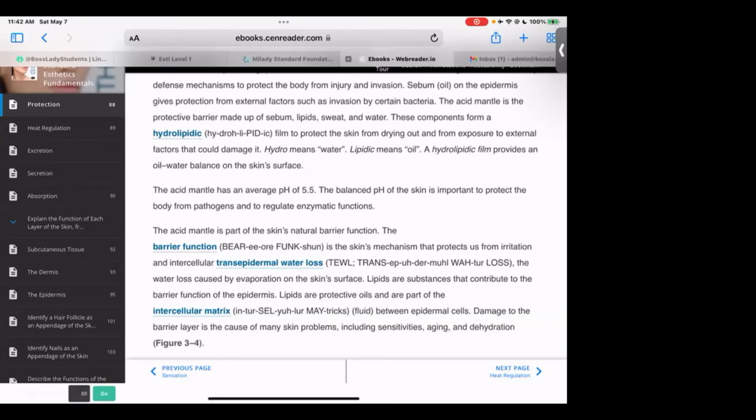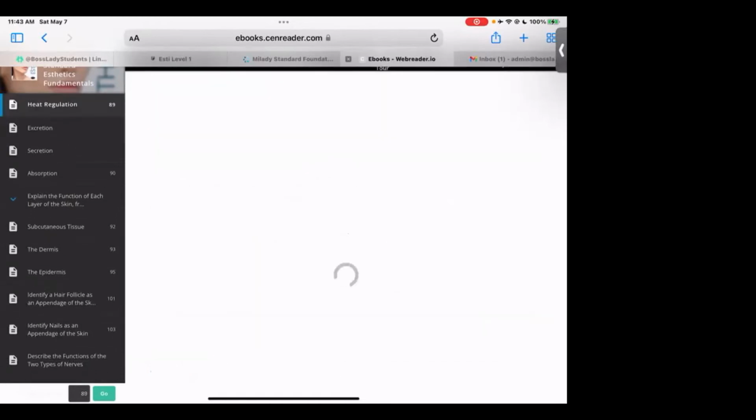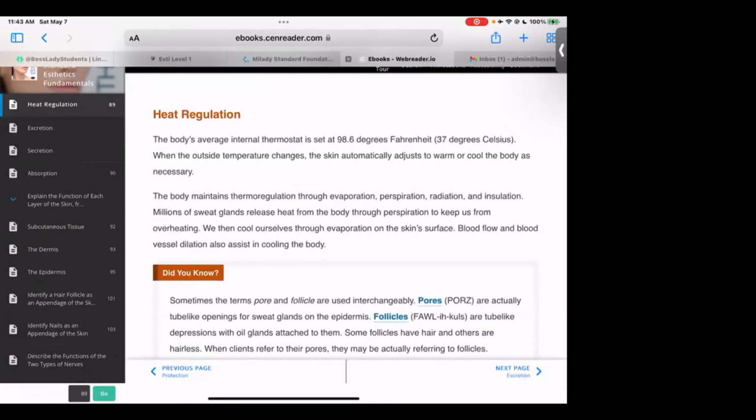The key to understanding skincare is to understand balance. What is the issue? What is out of whack? And how can I, in my services, my products, correct this for the client?